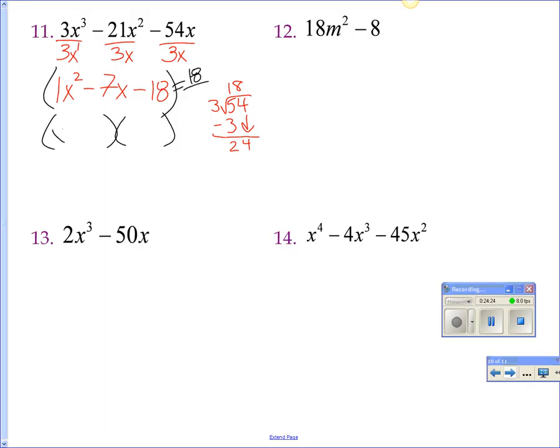So I'm going to put an X and an X. Chuck, what are my signs going to be on this one? Yes, you do. Different. Why are they different? Because the last one's a minus. That makes them different. Okay. Gracie, what are 2 things that multiply to give me 18?